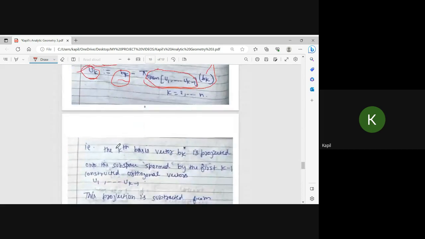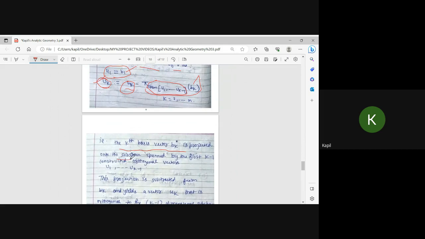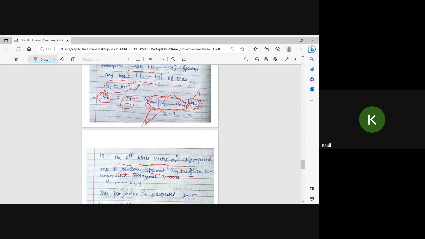So what I have learned from here is that the kth basis vector bk is projected onto the subspace spanned by the first k minus 1 orthogonal vectors, u1 to uk minus 1. We project our bk vector onto the span of these first k minus 1 orthogonal vectors and subtract this projection from the basis vector bk.